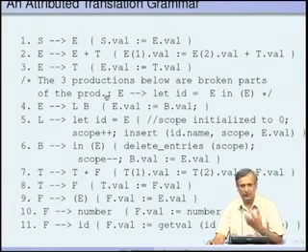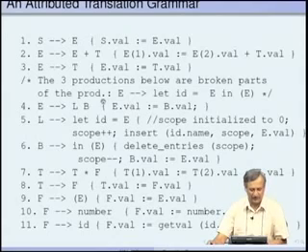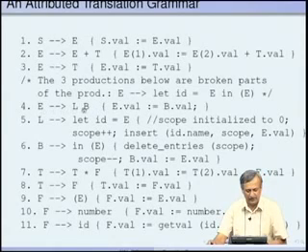The symbol table is going to be a global structure here, and the other important thing that we need to do is to make sure that we understand this production, which breaks the single production E going to let ID equal to E in E into these three productions: E to LB, L to let ID equal to E, and B going to in E. So, in these two productions everything else happens.